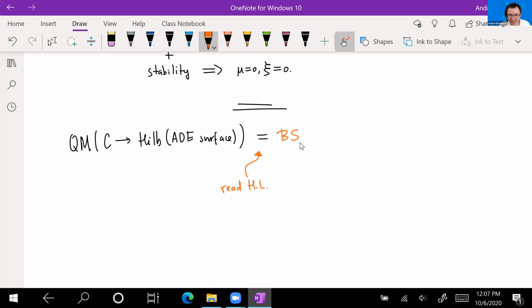I forgot the name, I'm deeply sorry. Let me look it up. Well, okay, maybe I'll put it in the notes when I'm done. So this is instead of PT in general.